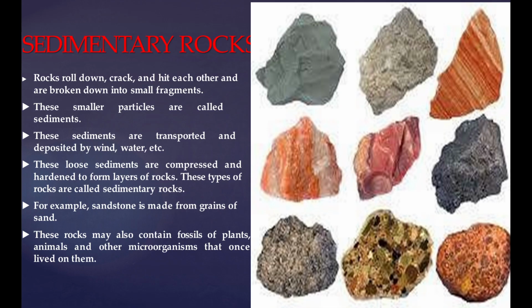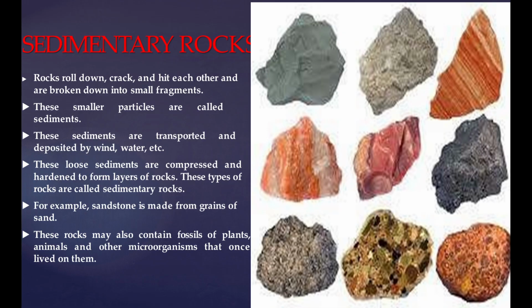Dear students, igneous rocks were broken down into small fragments due to the action of flowing rivers, wind and sea waves. These small broken rock pieces were deposited in the riverbed or along valleys. These deposits or sediments gradually accumulated into layers.